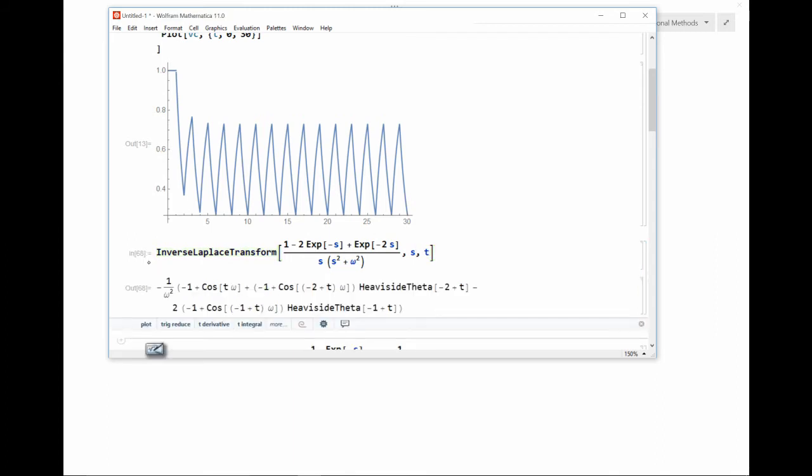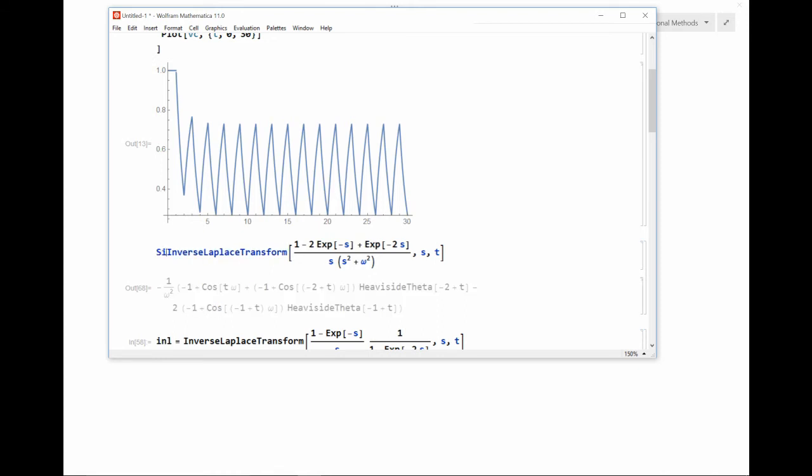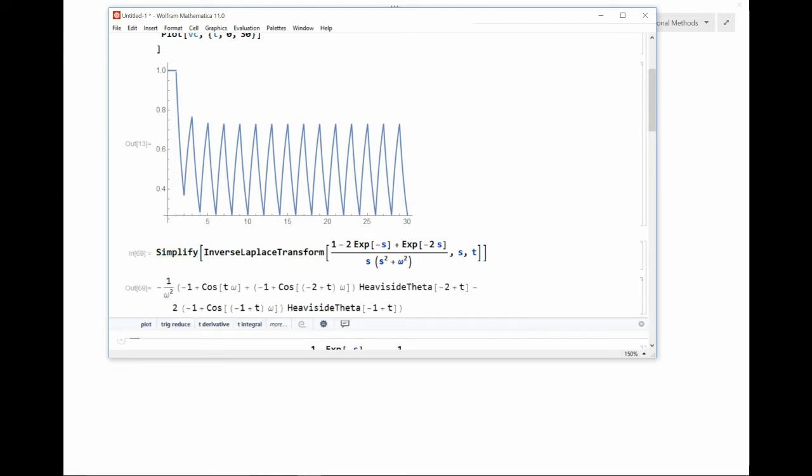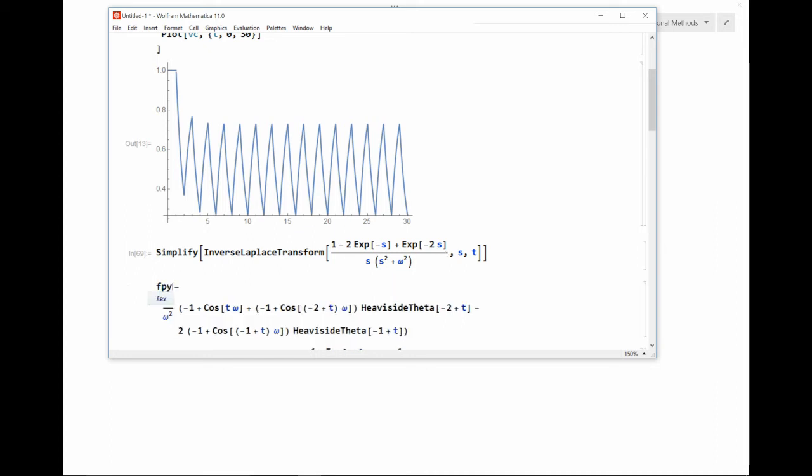This expression looks complicated, but this is already in the simplest form possible, because if I try to simplify it, it's going to be exactly the same. This time, instead of putting the sum into the inverse Laplace transform, I'm going to use this inverse Laplace transform as a fundamental period of y. It's a function of t.